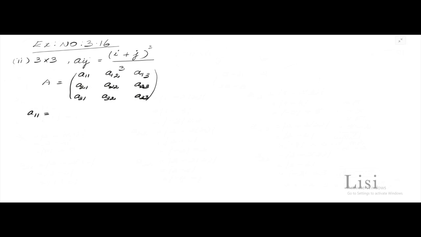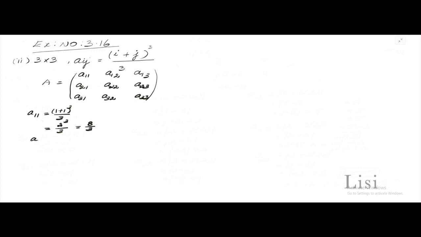Find the answer. This A11 is equal to i plus j the whole cube, isn't it? i is 1 and j is 1, the whole cube divided by 3, which is equal to 1 plus 1, it is 2, 2 to the power 3 by 3. 2 to the power 3 means 2 twos are 4, 4 twos are 8, 8 by 3.